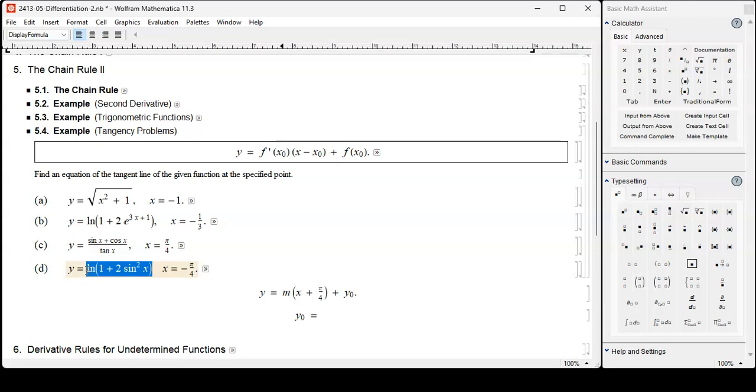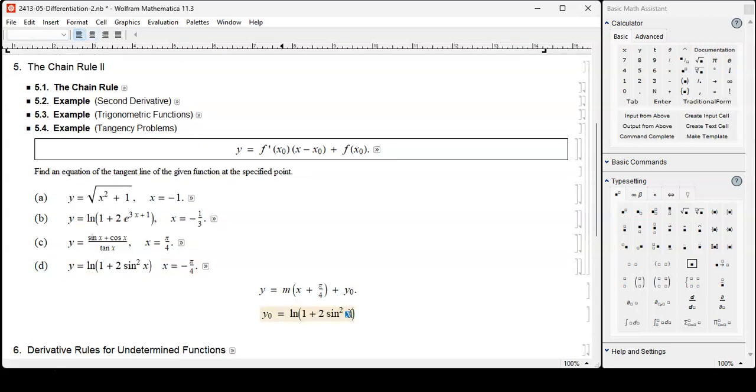Okay, right here, just plug in negative pi over 4. Do you remember sine of pi over 4? Square root of 2 over 2. Negative pi over 4, so sine is negative, so negative square root of 2 over 2, but this is sine squared.